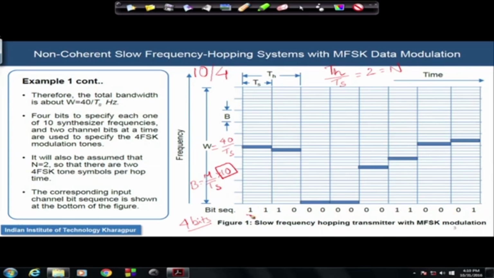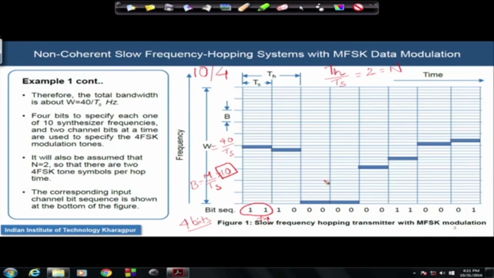So, the first symbol is 1 1. Hence, it should choose small f4. The MFSK tone that it is choosing is the highest tone, MFSK equal to 4, and then it is trying to choose the hopping frequency. The hopping frequency will be governed by the incoming bit pattern.